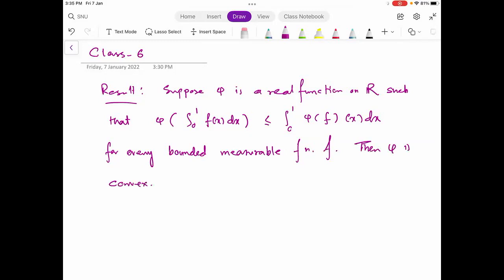so isn't that nice? You want to show that the function phi is convex, you need to verify a Jensen type inequality for every bounded measurable function f. Now you might very well say that this is from the frying pan to the fire, because you are only asked to prove convexity of phi, but then now you have to check something for every bounded measurable function f.